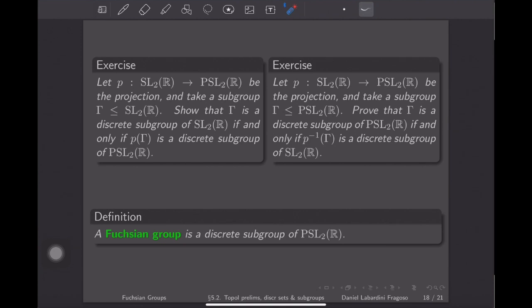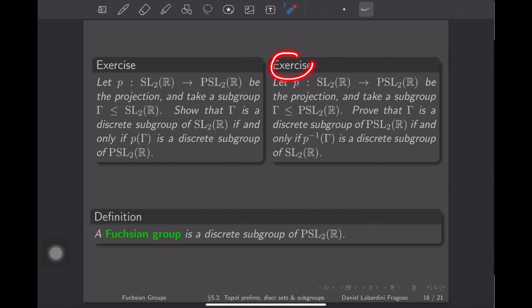Yeah, a couple of exercises. I can of course project from SL2R to PSL2R. The first exercise is that if you take a subgroup of SL2R, it's equivalent for it to be a discrete subgroup here and for its projection to be discrete in PSL2R.